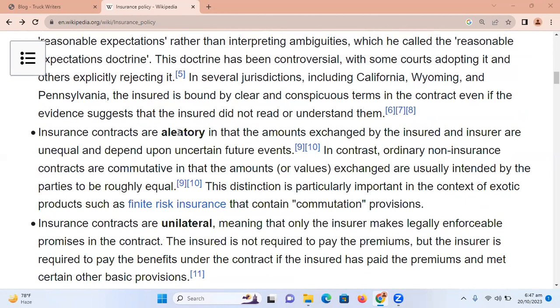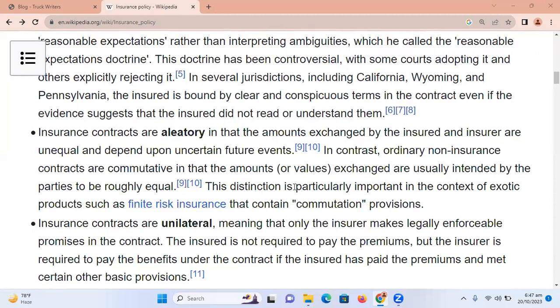Insurance contracts are aleatory in that the amounts exchanged by the insured and insurer are unequal and depend upon uncertain future events. In contrast, ordinary non-insurance contracts are commutative in that the amounts or values exchanged are usually equal, intended by the parties to be roughly equal.